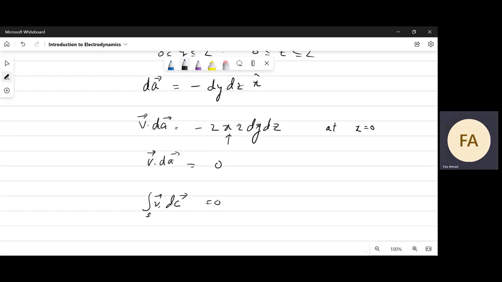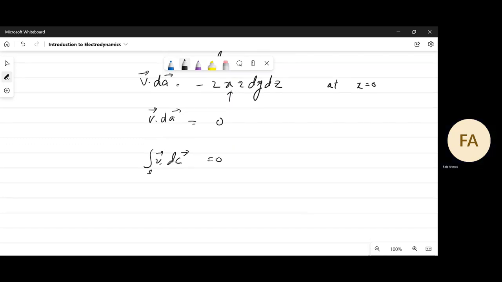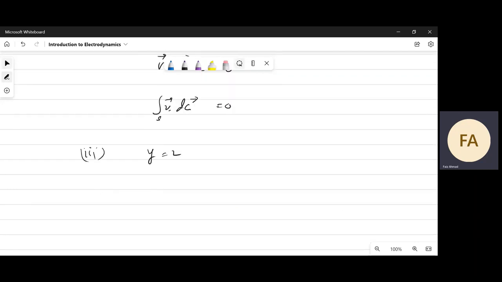So the contribution from face 2 is 0. Now let's perform the integration on face 3, which is at y equal to 2.